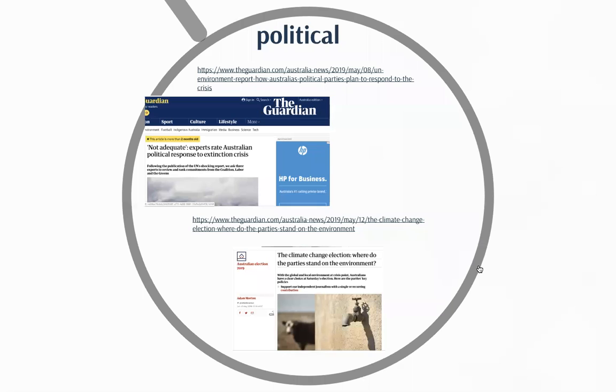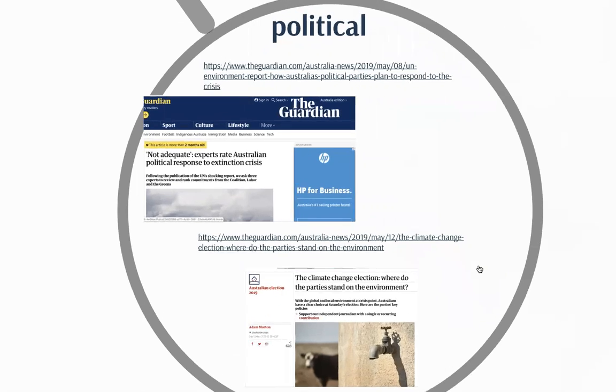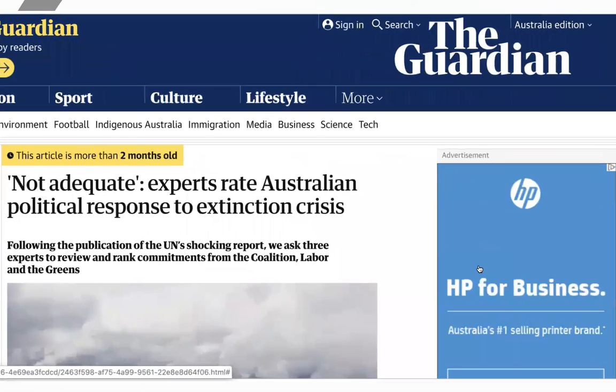Now, Australia is in a massively weird state when it comes to the political aspect of science. It's kind of unbelievable, and this article's a few years old, but Australian politicians are still arguing whether climate change is real.